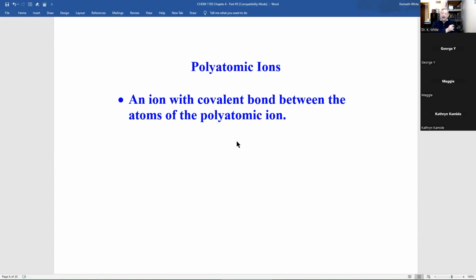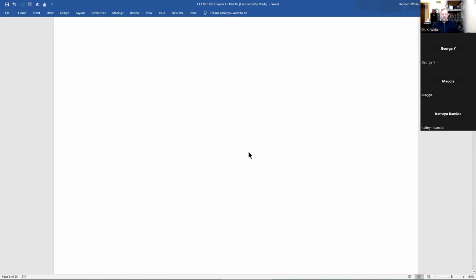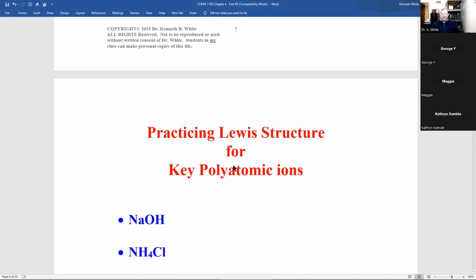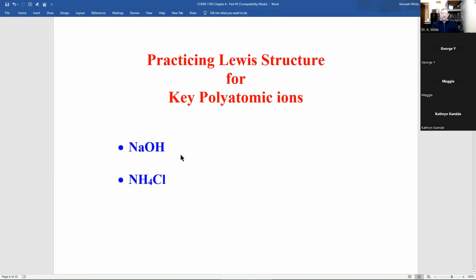Now I'm going to teach you covalent bonds between atoms of a polyatomic ion. What does that mean? Well, let's do the Lewis structure for this compound, NaOH. This is sodium hydroxide.